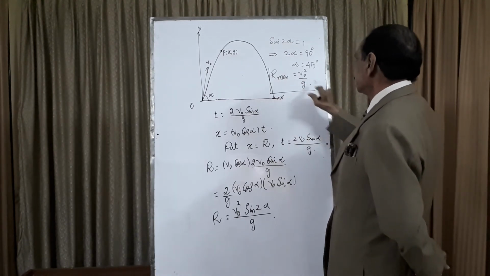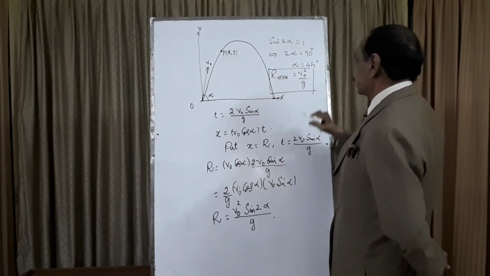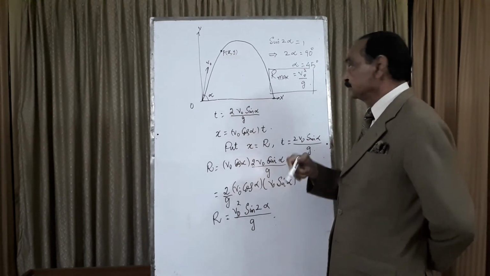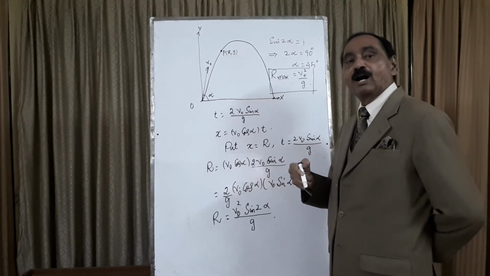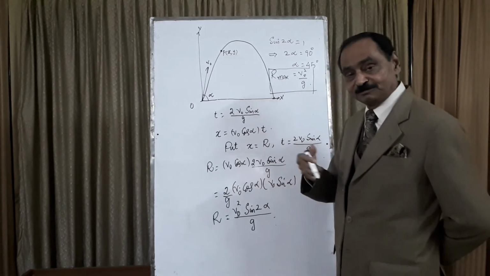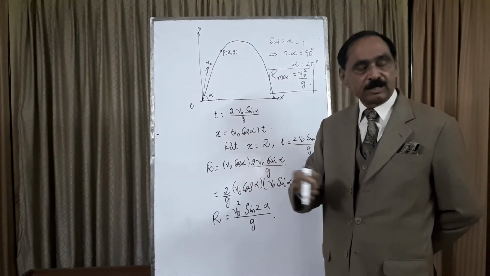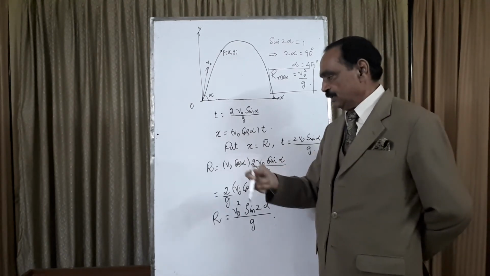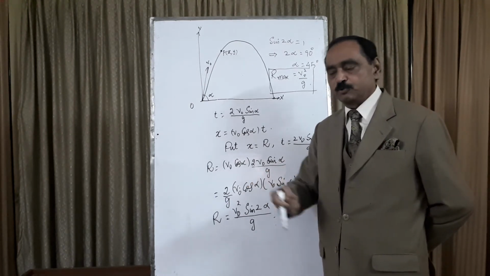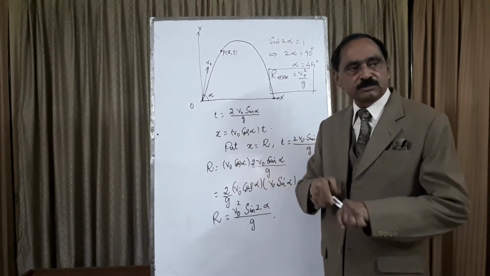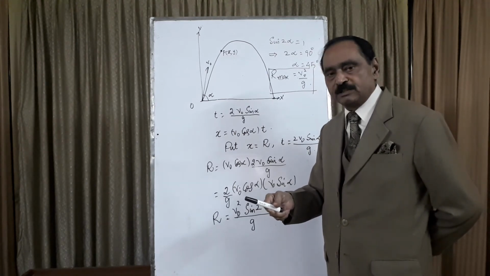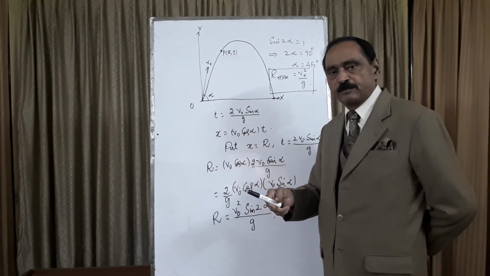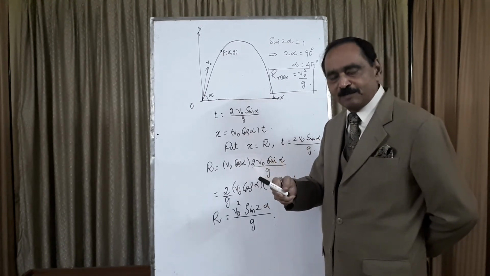This is called the maximum range, and the condition for the maximum range is that the angle of projection must be equal to 45 degrees. As a sort of demonstration, when you water the plants or use a pipe to water the lawn, you keep it horizontal, and when you throw the water horizontally and keep increasing the angle of projection a little bit, you see that the range increases step by step, and you can see different trajectories made by the water.